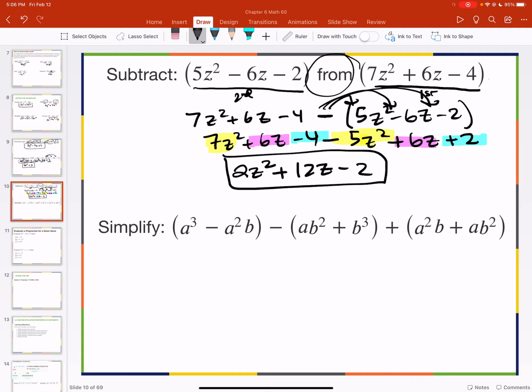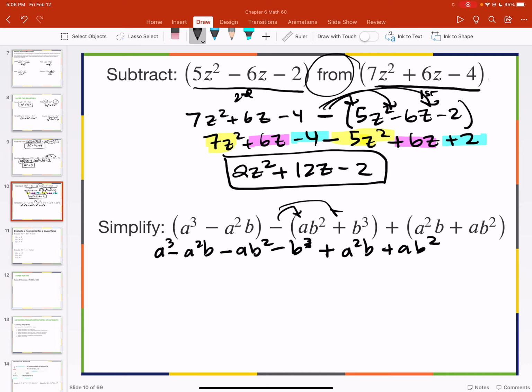So then let's go ahead and distribute and see what we have here. So we have a cubed minus a squared b. Then distributing this negative, we have minus ab squared minus b cubed plus, and when you have a plus in front of parentheses, you could just write it that way. Plus ab squared.